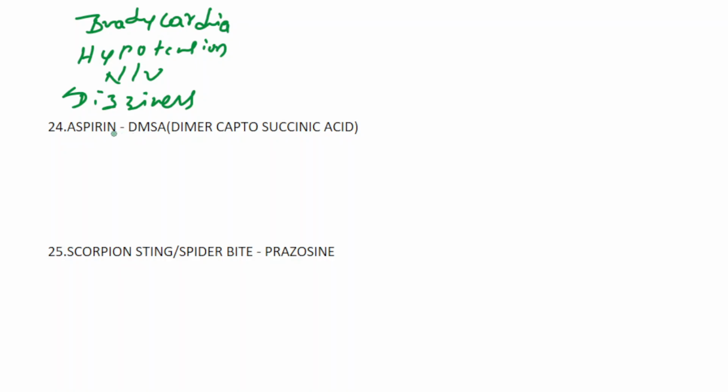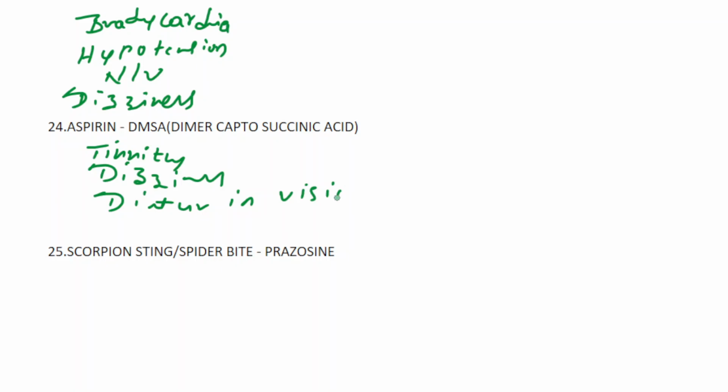Some important adverse effects of aspirin overdose are tinnitus, a ringing sensation in the ear, dizziness, and disturbance in vision. It mainly causes an acid-base imbalance, metabolic acidosis, due to the acid in aspirin.